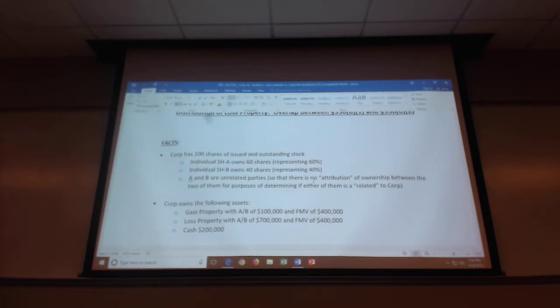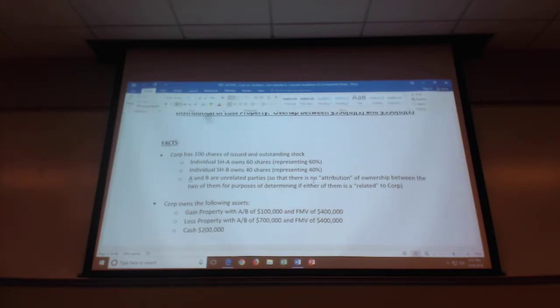Parent and subsidiary. Parent is usually used to refer to a company, could be a corporation, doesn't have to be, that owns usually an 80% or more interest in another company. Here we're only talking about corporations, where a parent corporation owns 80% or more of the stock of a subsidiary corporation.